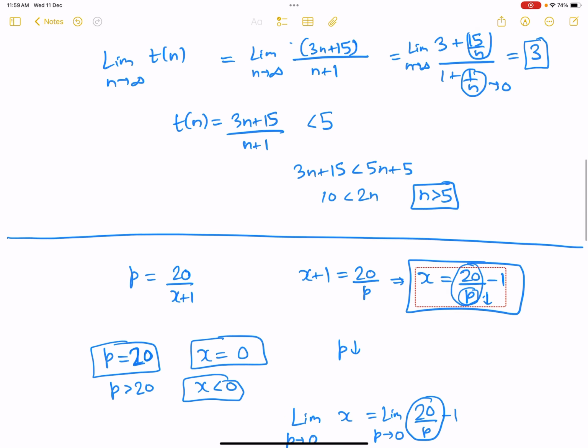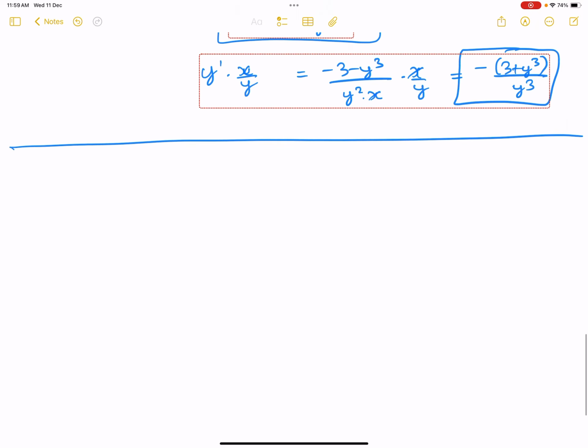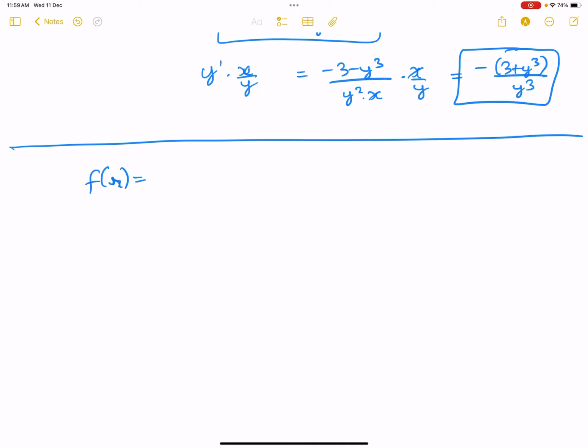Okay, the loss is C0, right? So the expected return would be, R is the rate of return, suppose C0, where C0 is negative, plus C1 upon 1 plus R plus C2 upon 1 plus R square. So 1 plus R is the discount factor, and suppose we are talking about time period n.